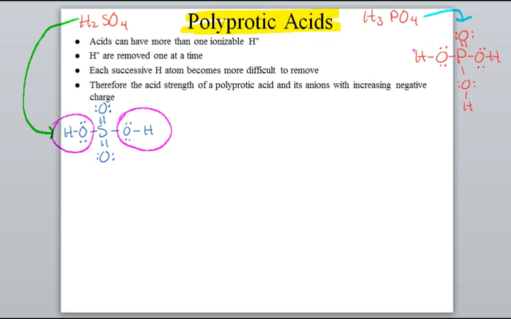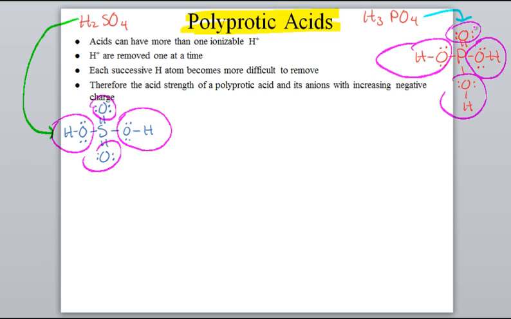For phosphoric acid, there's 1, 2, and 3. Note, sulfuric acid is a strong acid. Phosphoric acid is a weak acid. Does that make sense? Sulfuric acid has 2 neighboring oxygens, while phosphoric acid just has 1. The bonds are relatively stronger in phosphoric acid than sulfuric acid.